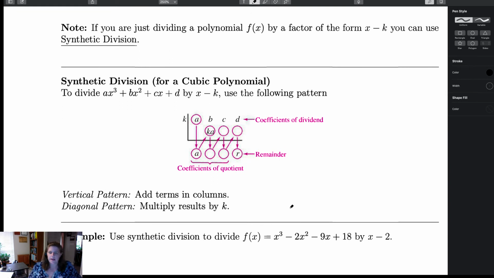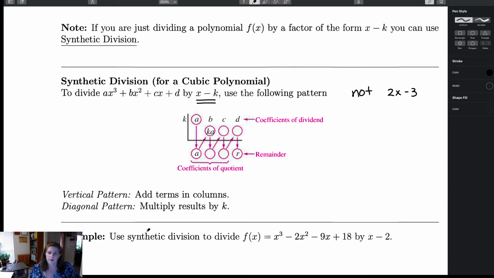Now there is a different form of polynomial division called synthetic division. If you are dividing by just something like x minus k, not something like 2x minus 3, so it has to be just a single x that you're dividing by, you can use what's called synthetic division.